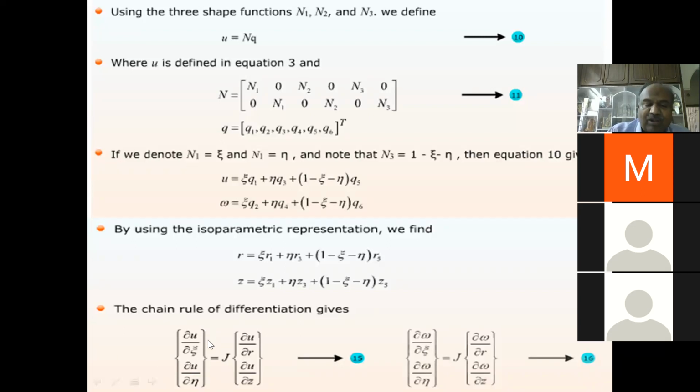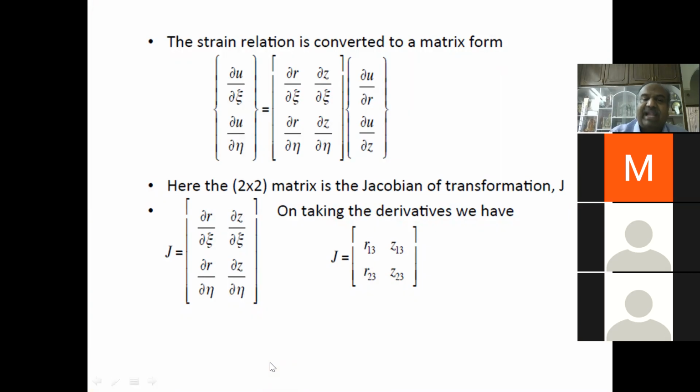When you adopt ∂u/∂xi, you would get ∂u/∂r into ∂r/∂xi plus ∂u/∂z into ∂z/∂xi. So when you simplify, ∂u/∂xi, ∂u/∂eta equals the Jacobian into ∂u/∂r, ∂u/∂z. In the next slide, ∂u/∂xi is ∂r/∂xi of ∂u/∂r plus ∂z/∂xi of ∂u/∂z, and ∂u/∂eta is ∂r/∂eta into ∂u/∂r plus ∂z/∂eta into ∂u/∂z.